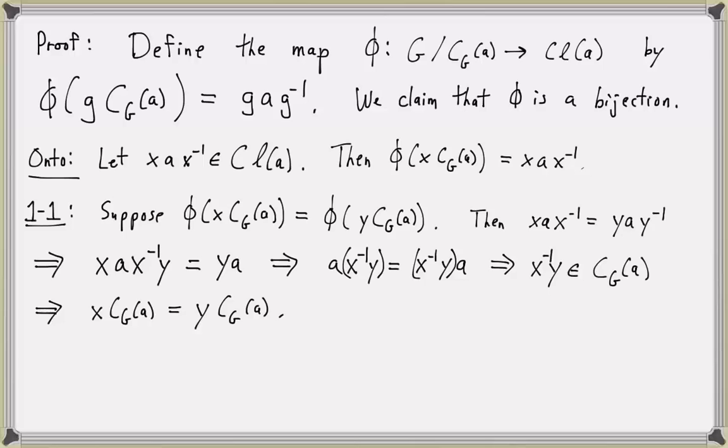And therefore, we see that phi is 1-to-1. So we have a bijection from the set of left cosets to the conjugacy class of A.